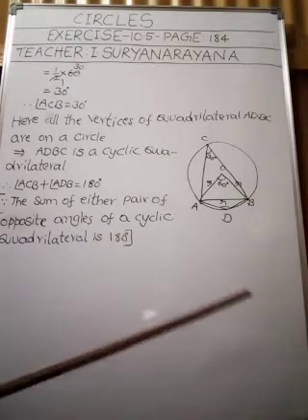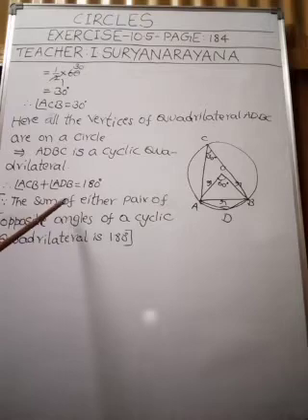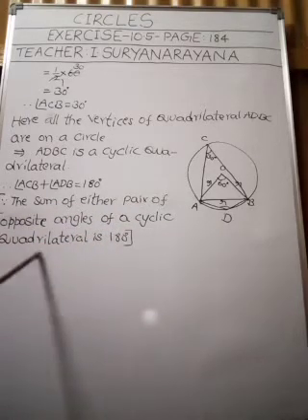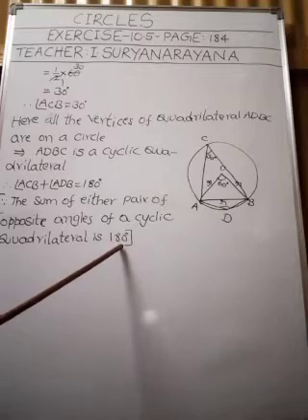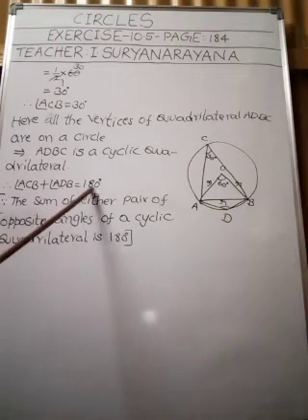Okay, my children, by using this property, the sum of either pair of opposite angles of a cyclic quadrilateral is 180 degrees, we have written this step.